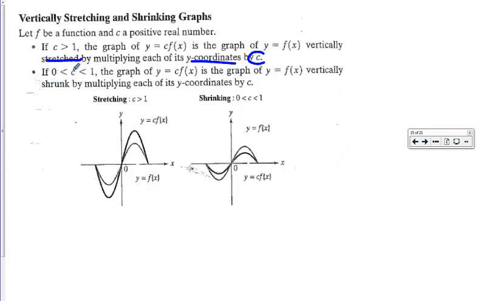If it's between 0 and 1, a number between 0 and 1 would be a fraction. So basically what this is saying is if it is a fraction, it's the same thing, but it's a vertical shrink, which means they're making it shorter. So the parent function on these is right here.